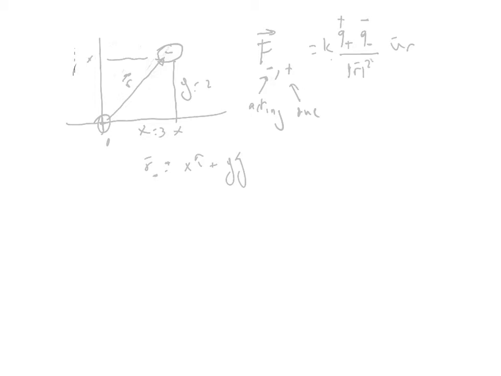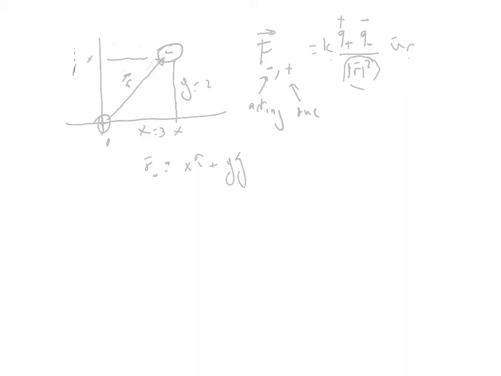This is a quantity that is always positive because it's the distance squared. The distance is always positive. But even if you think that the distance could be negative, going square it will be positive. So this is always positive.